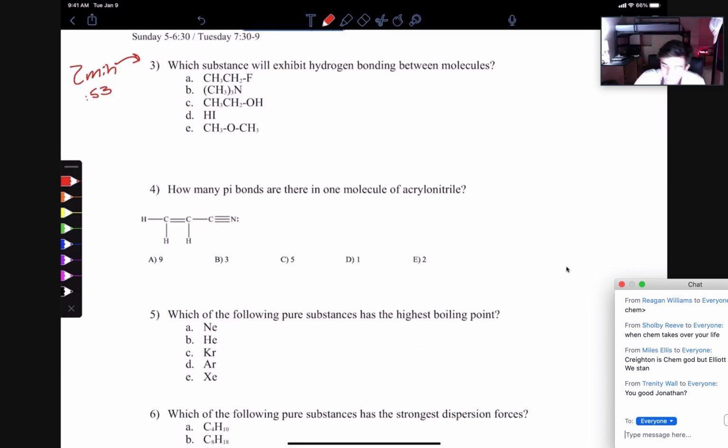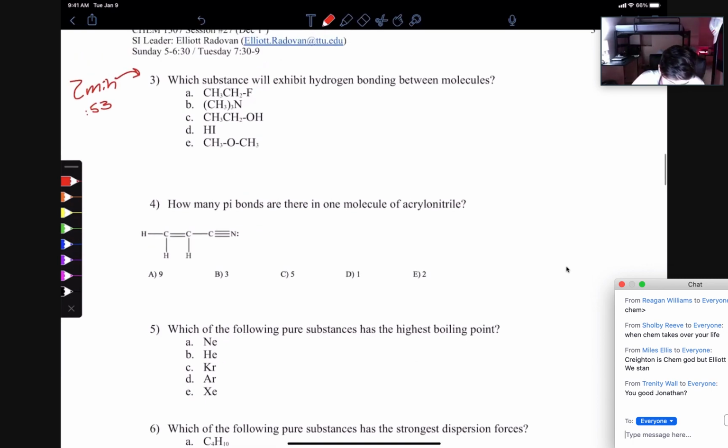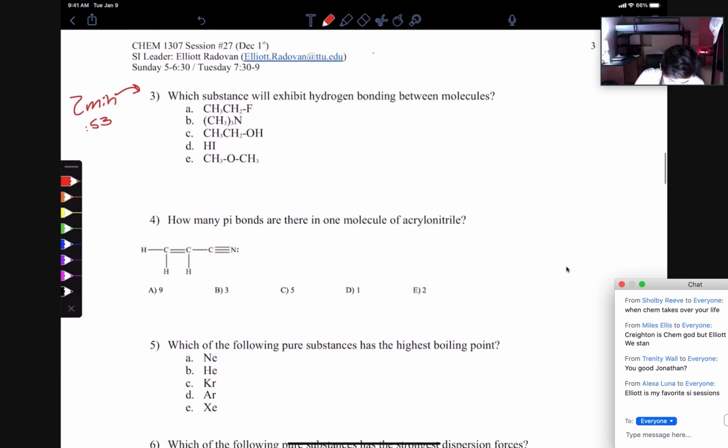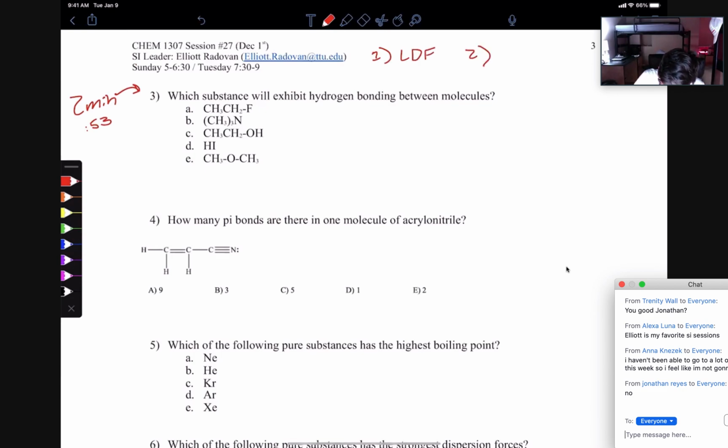With intermolecular forces, there are three that I would know. There's three more, but there's really only three important ones. One is London dispersion forces. Another one is dipole-dipole.